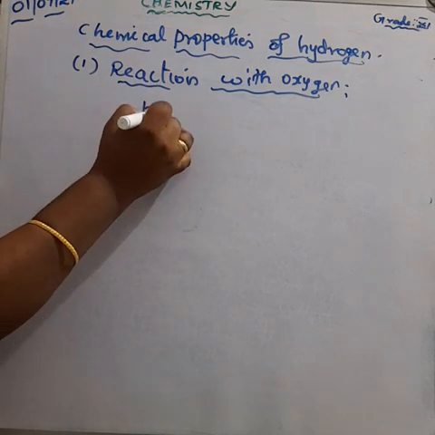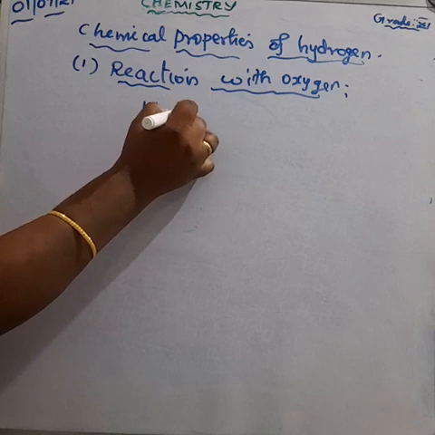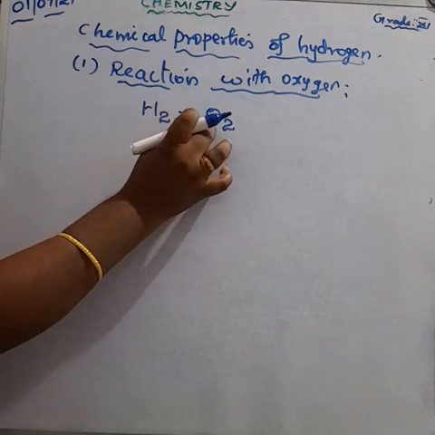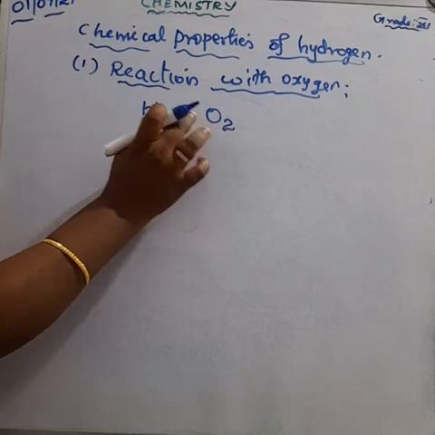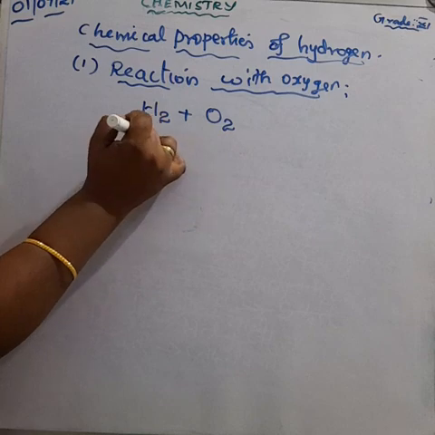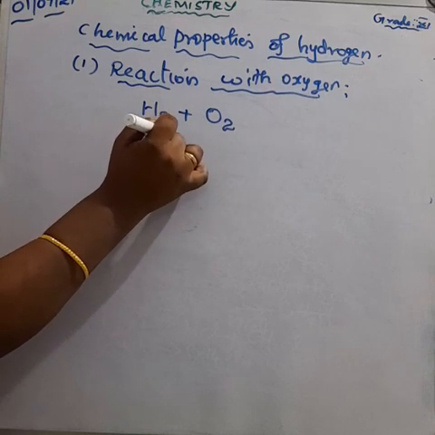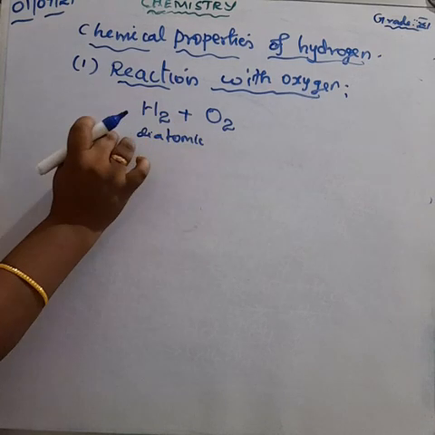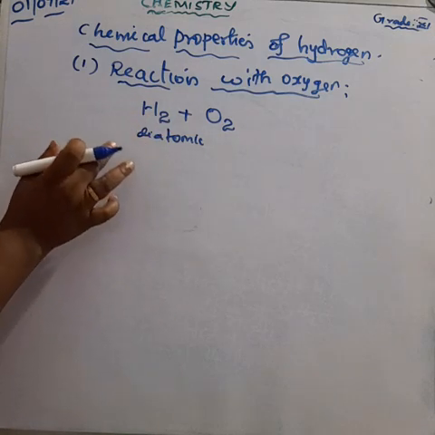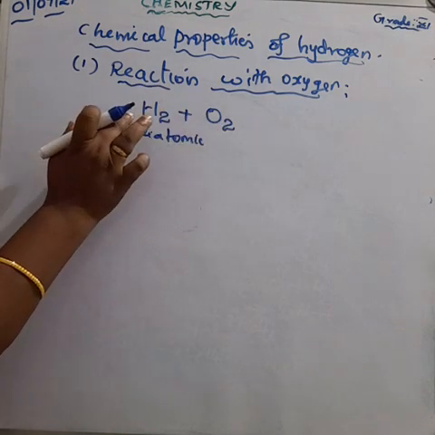Hydrogen molecule means H2. Hydrogen reacts with oxygen, formula O2. Both hydrogen and oxygen are diatomic molecules. What do you mean by diatomic? Diatomic means the atomicity of hydrogen is 2. Like that, the atomicity of oxygen is 2. That is called diatomic molecules.